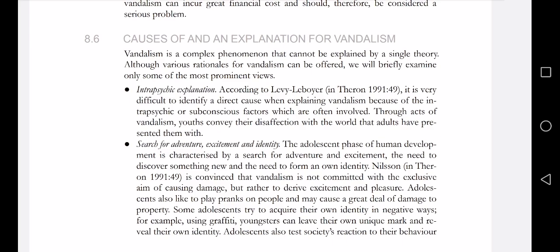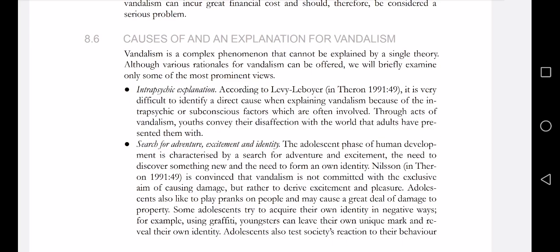Adolescents also like to play pranks on people and may cause a great deal of damage to property. Some adolescents try to acquire their own identity in negative ways, for example, using graffiti. Youngsters can leave their own unique mark and reveal their own identity.